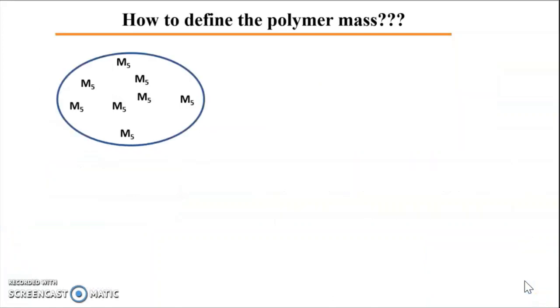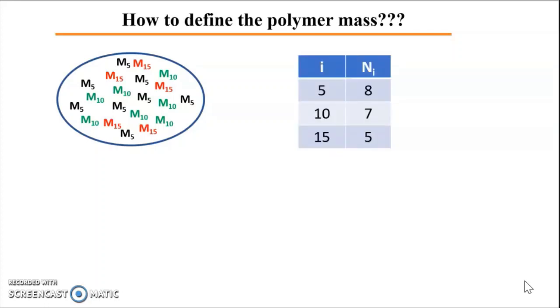So if I consider the example of a polymer sample having M5, M10 and M15, here we can take the example of 8 chains having 5 repetitive units, 7 chains having 10 repetitive units, and 5 chains having 15 repetitive units.